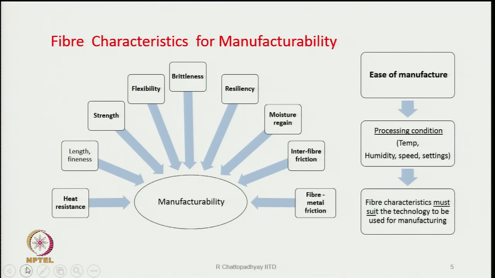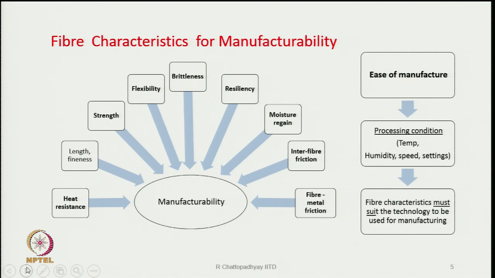Then comes resiliency, because as they are processed, there will be a lot of stresses acting on them, and that may change the dimension of the fibers. So, they should be able to come back to the original dimensions. Resiliency is important. Then moisture regain, interfiber friction and fiber to metal friction, these are the relevant properties from the point of view of manufacturability.